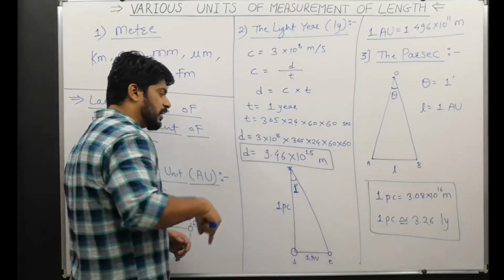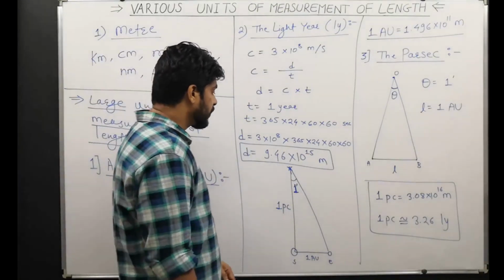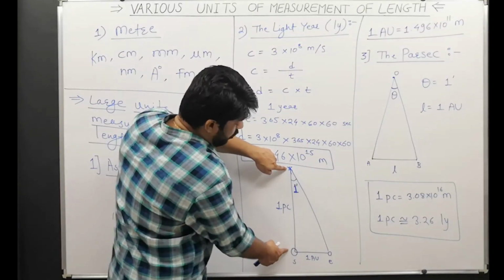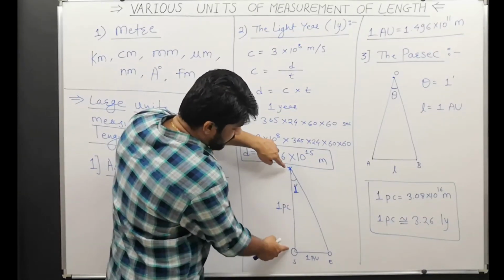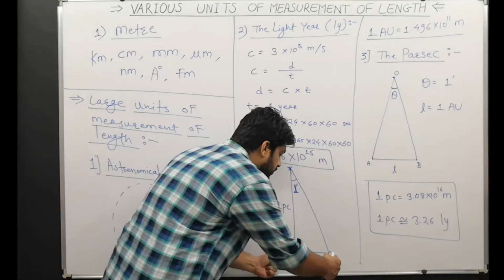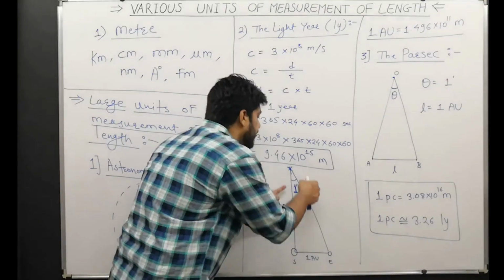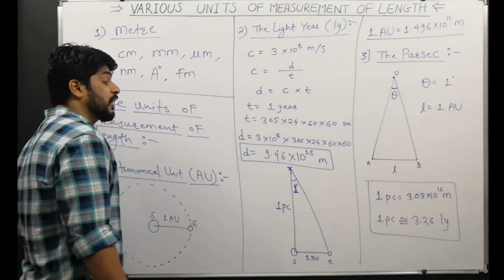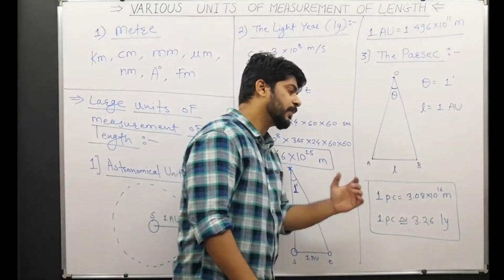Or in another way, 1 parsec is a distance from where 1 astronomical unit subtends an angle of 1 second. That is how we define 1 parsec.